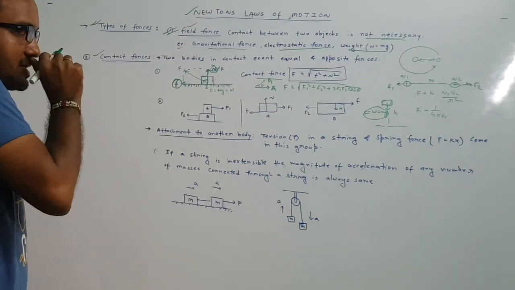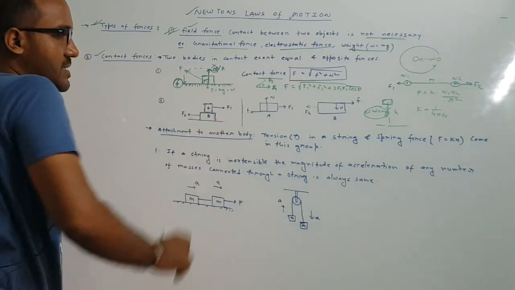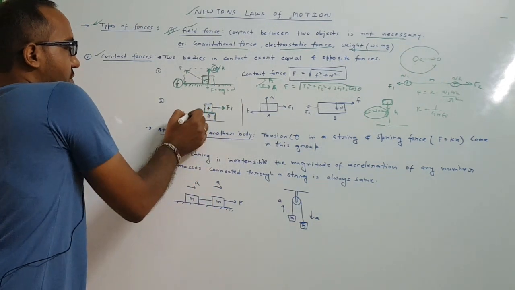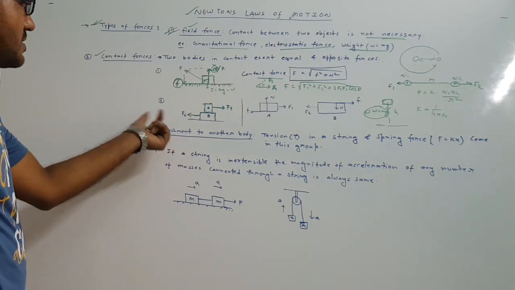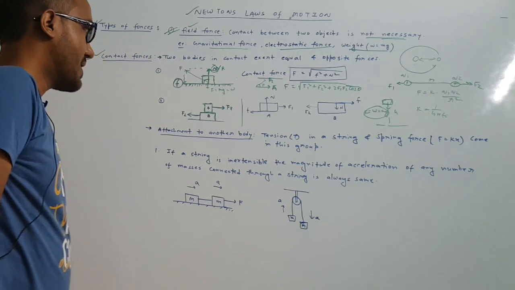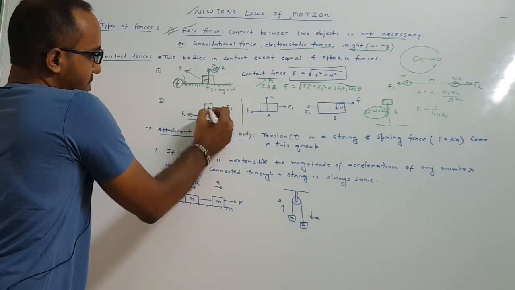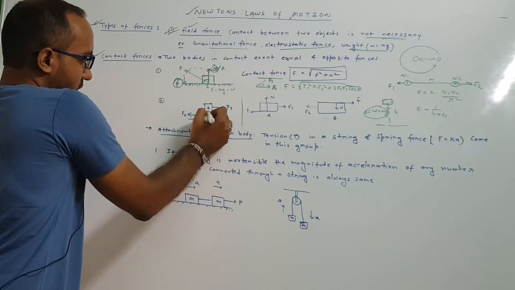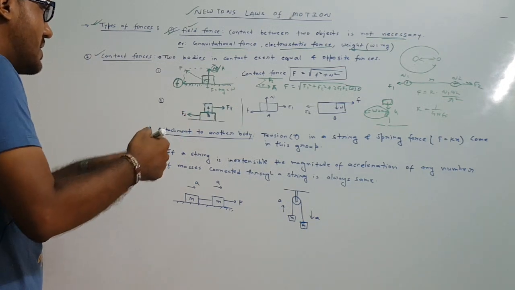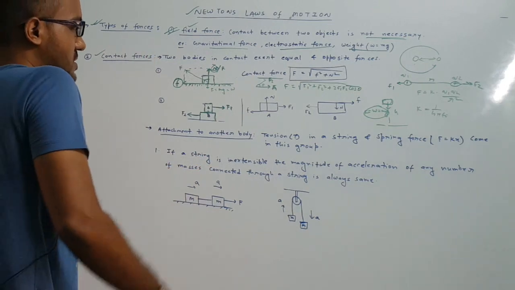Let us see other examples. If we have two objects connected like this, and we apply force capital F1 on the upper object and capital F2 towards the left side on the lower object, that is on object B, and we draw the FBD, that is the free body diagram, we can clearly see that block A is giving force W equals mg towards block B. So block B will also give an equal and opposite force upward, that is Newton's third law.